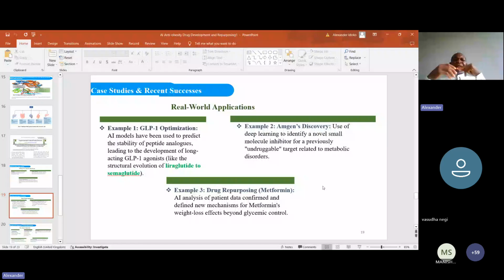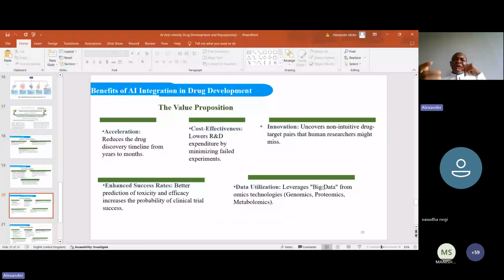Now, we talk about the value proposition. What AI is able to do is to accelerate and result in cost effectiveness. And then it's quite innovative because it uncovers non-intuitive drug targets that have not been known before, and so basically helps in drug discovery.